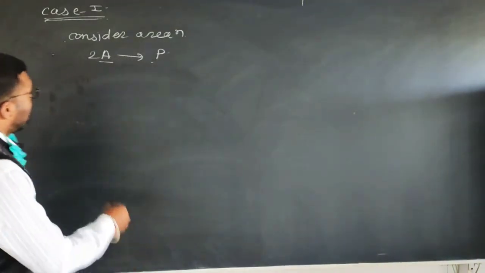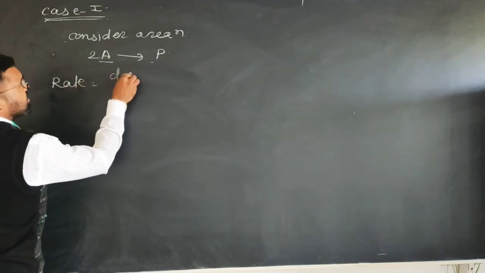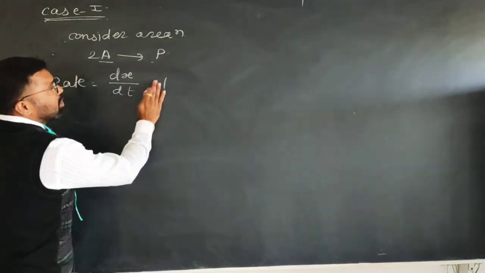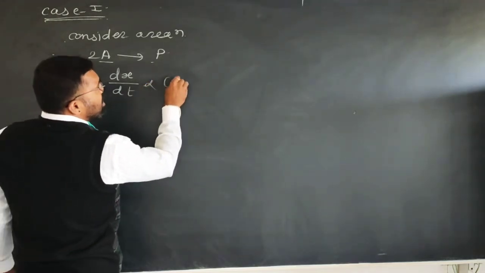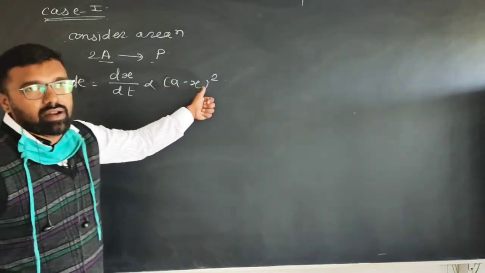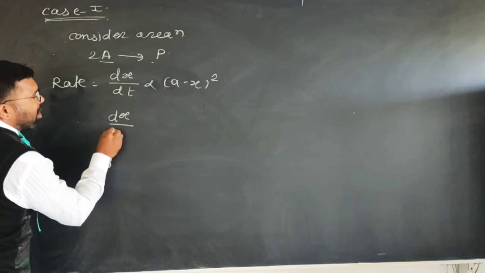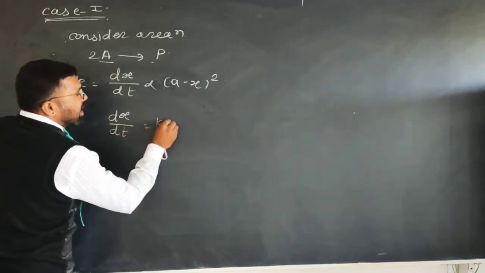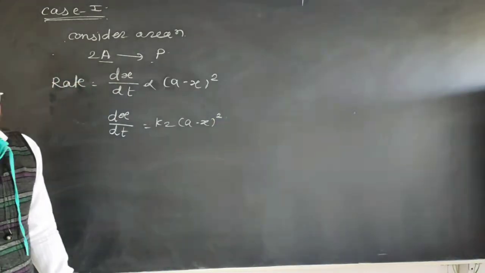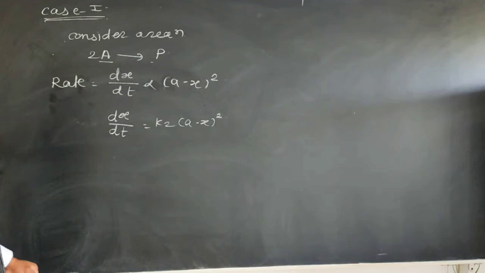So we can write the rate of this equation: rate is equal to dx upon dt, which is directly proportional to (a minus x) whole square. Therefore dx upon dt is equal to k2 into (a minus x) whole square, where k2 is the rate constant for the particular reaction.